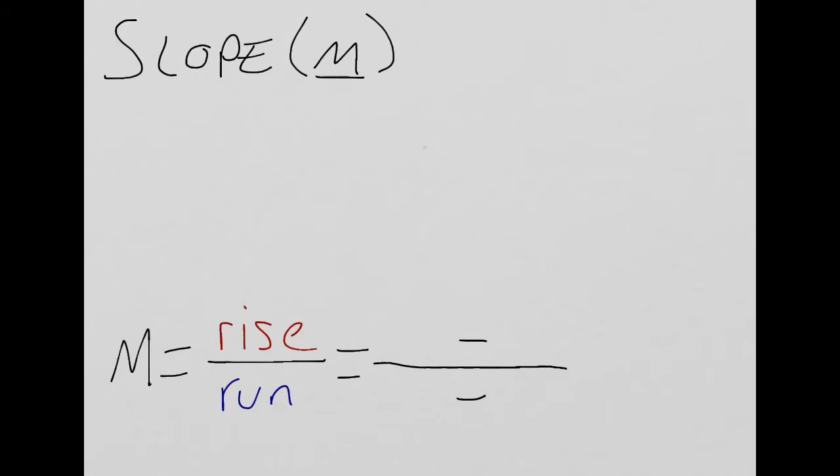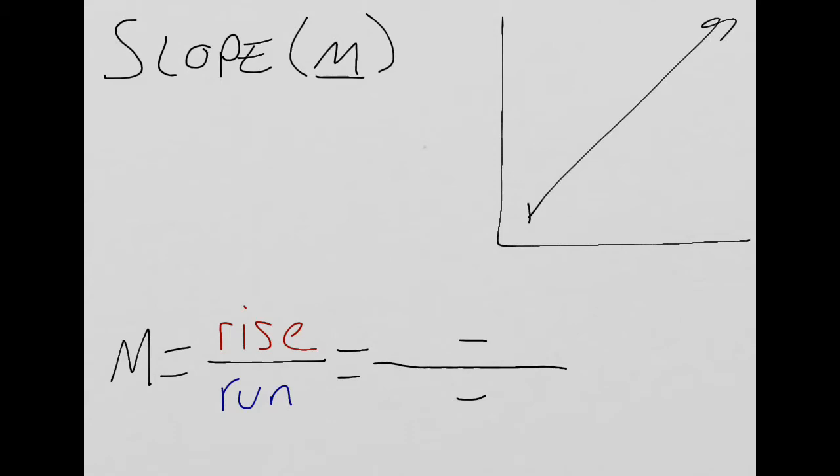So let's say we have a line here, and we know that there are 2 different points on this line, and they are the coordinates x1, y1, and x2, y2.